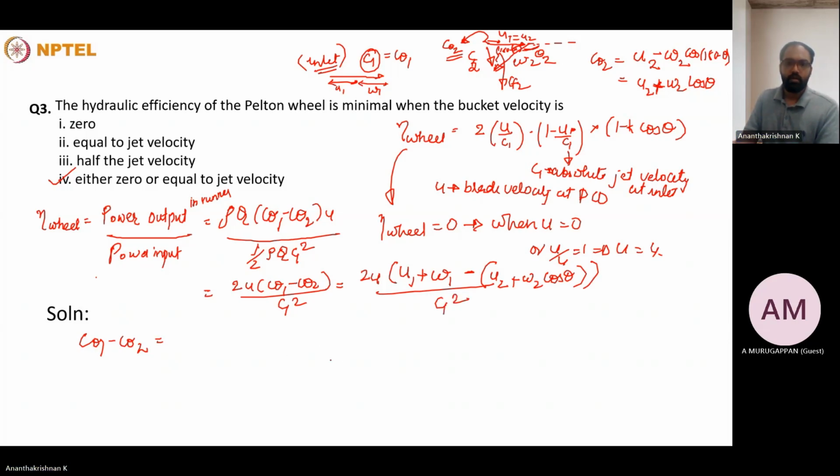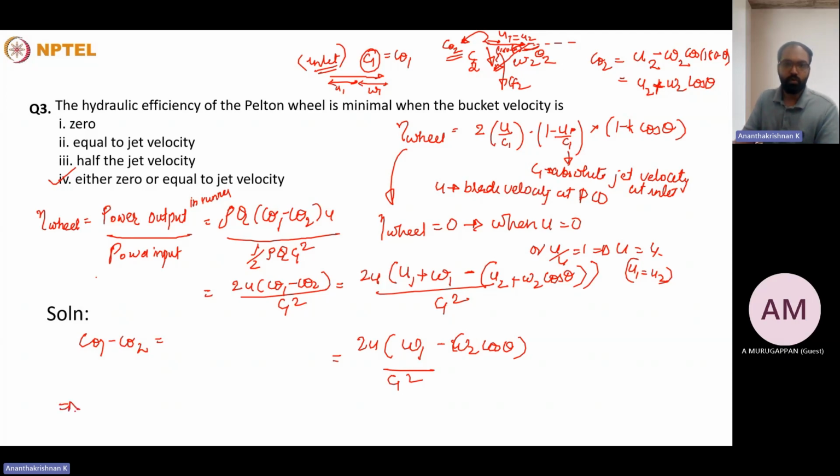So this U1 and U2 both are the same, hence they cancel out each other. The only thing remaining will be W1 minus W2 cos theta, divided by C1 squared.